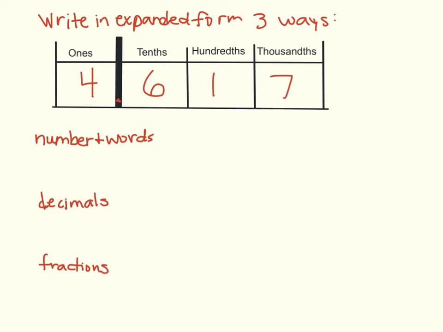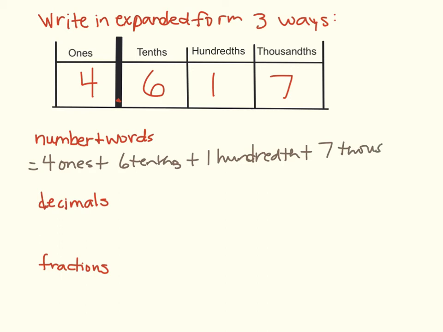In number and words, this would be 4 ones plus 6 tenths plus 1 hundredth plus 7 thousandths.